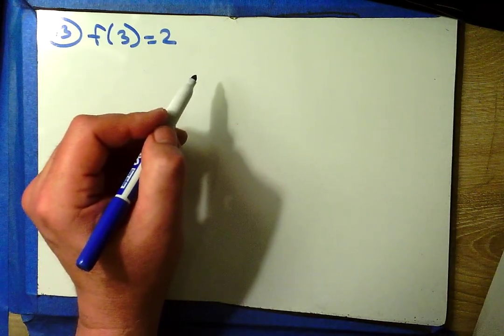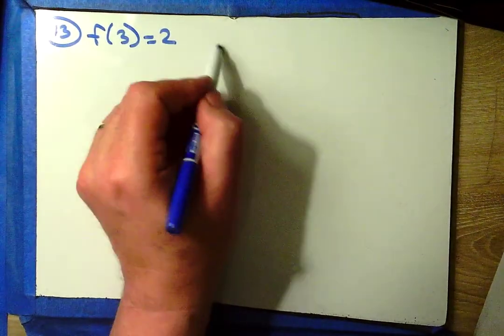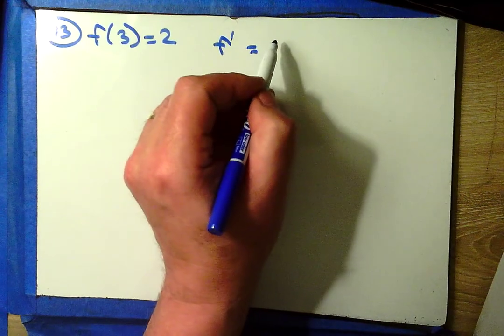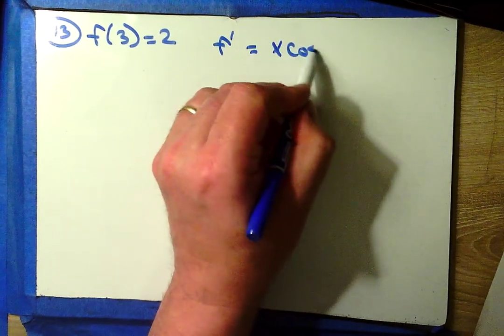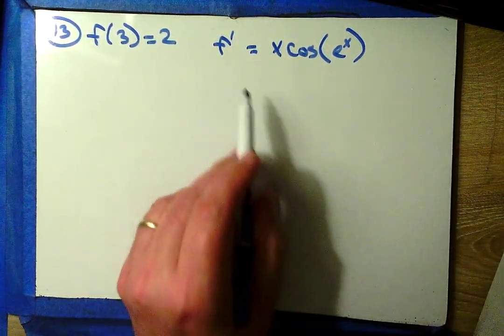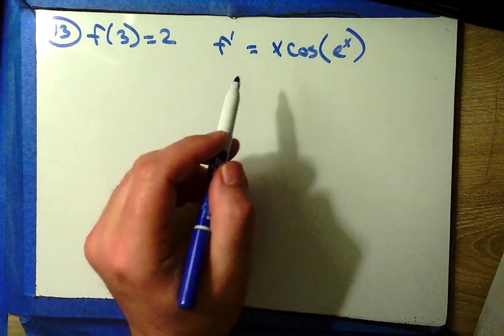And derivative f prime equals x cosine e to the x. Well, I suspect that's why I need a calculator, but let's see. Oh, and we were given a table with g values in it.